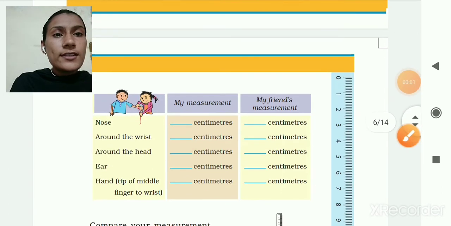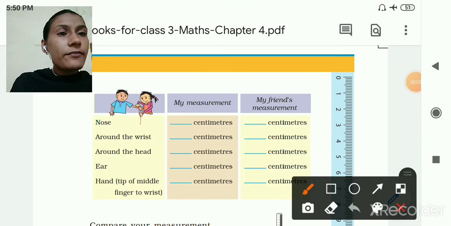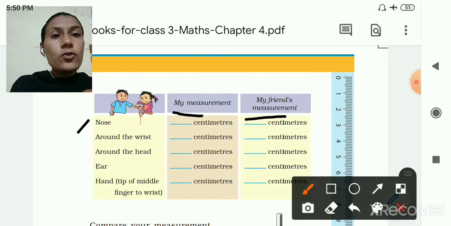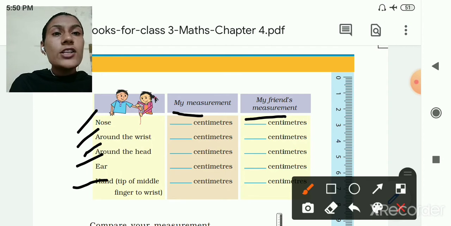Then you can see here my measurement, my friend's measurement, nose, around the wrist, around the head, ear and hand. So this is one activity and you have to use measuring tape at your home if it is possible. You can play this activity with your brother, your sister and your friends also.